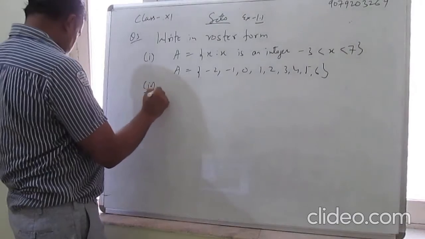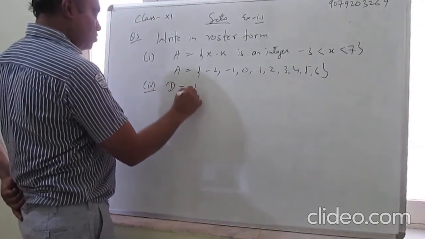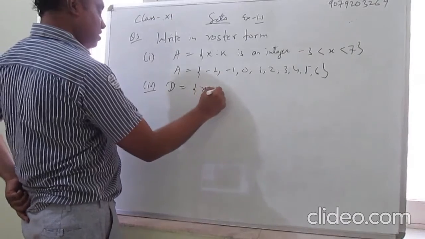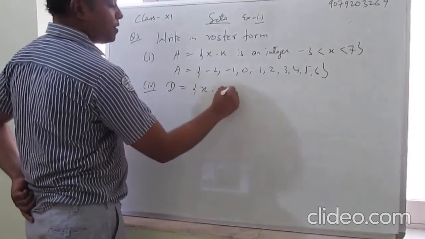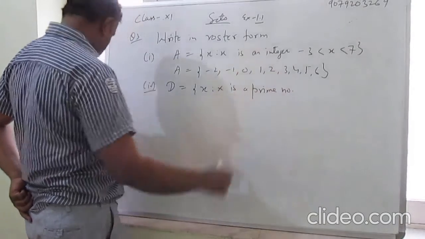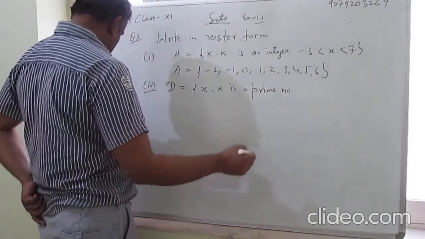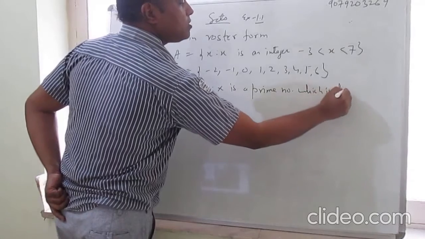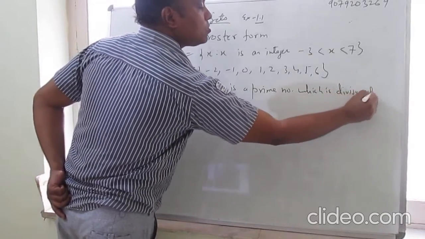Fourth, D is equal to the set of x such that x is a prime number which is a divisor of 60.